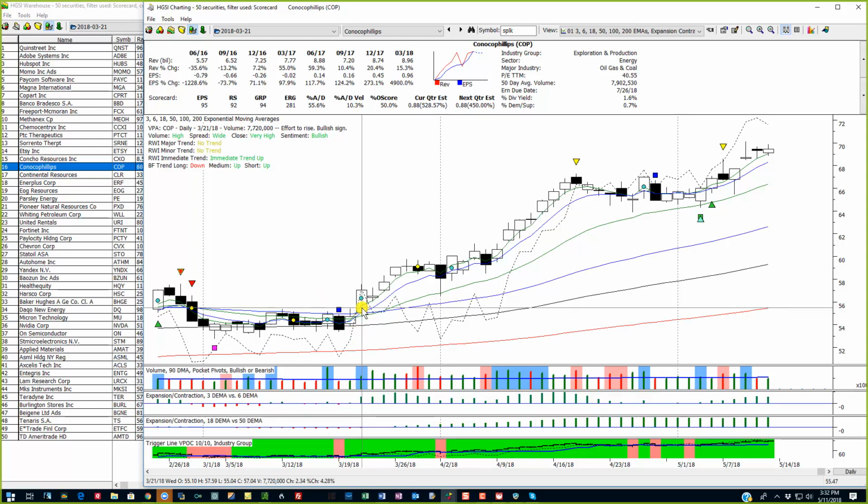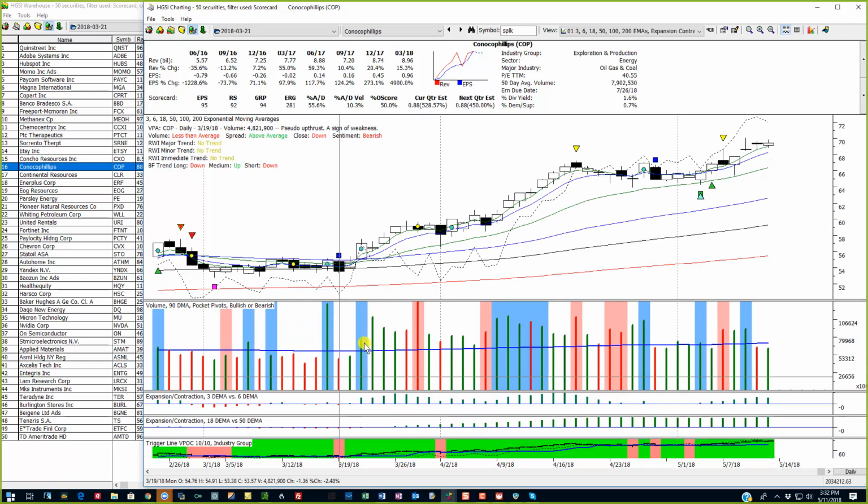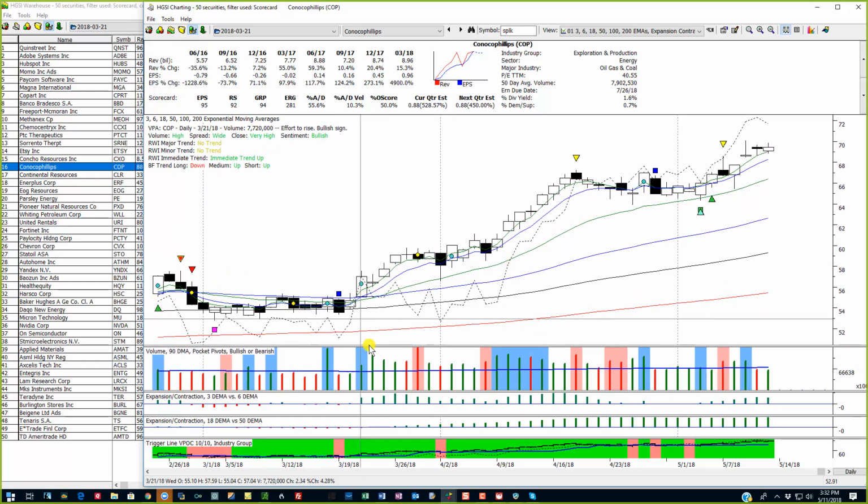So Conocophillips had a pocket pivot, it had an effort to rise. Notice that the volume here on this effort to rise was a pocket pivot, higher than the prior 2 days volume, and it closed near the high, and then it hesitated the next day, and then it just kept going up.